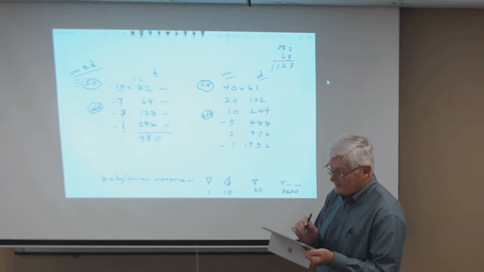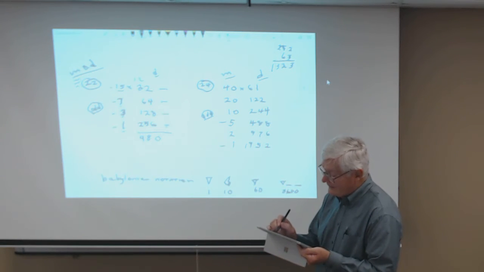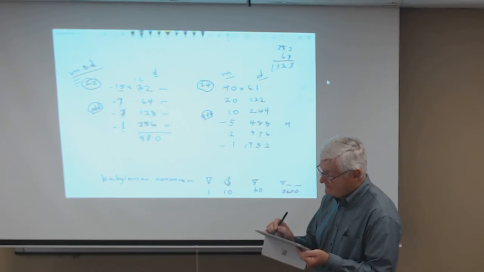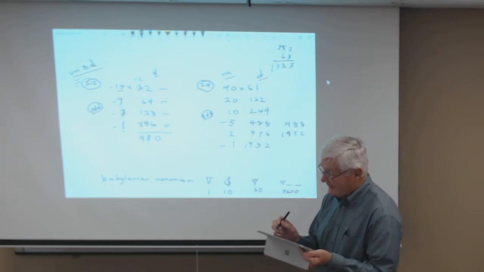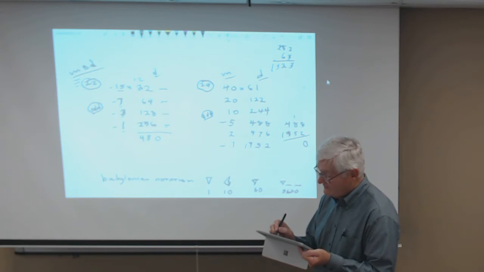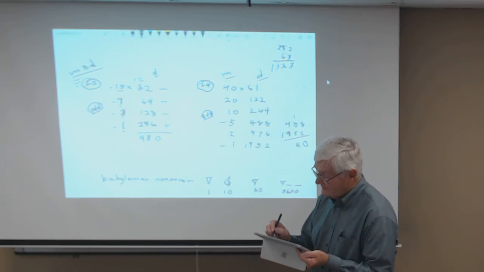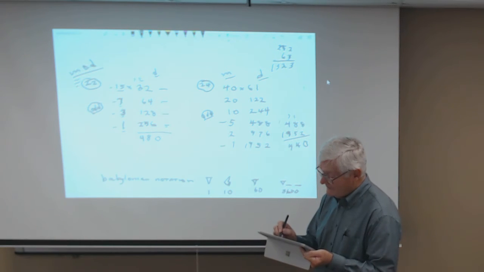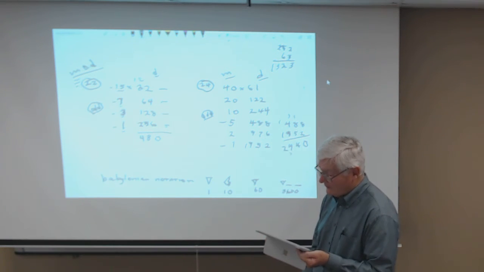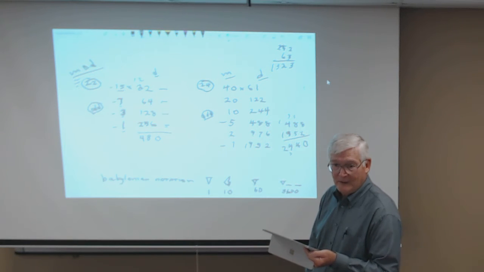Agreed? So I only use the odd ones. So I add together 488 and 1,952, and I get 2,440. Is that 40 times 61?